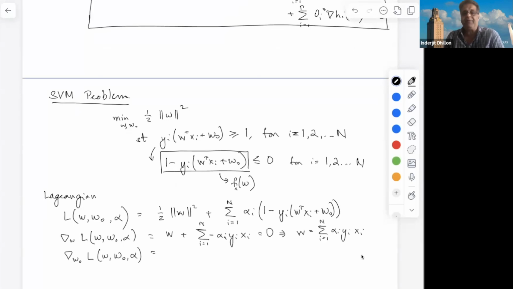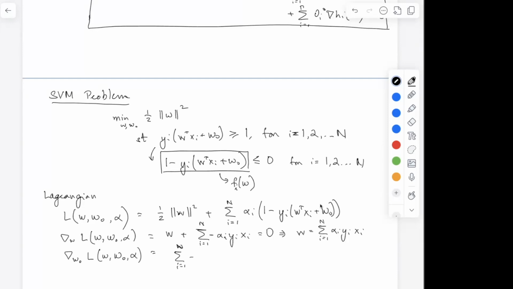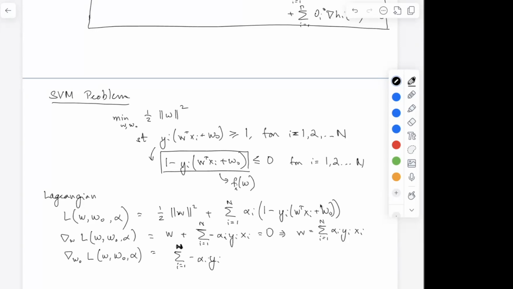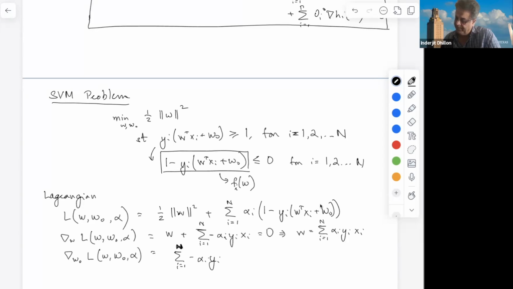And then if I now take the gradient with respect to W naught, well, look, W naught is not here. W naught is only here. So it's basically going to be summation alpha I, yi, W naught. And the gradient will be summation of I equals 1 through n, alpha I, yi, equal to 0.